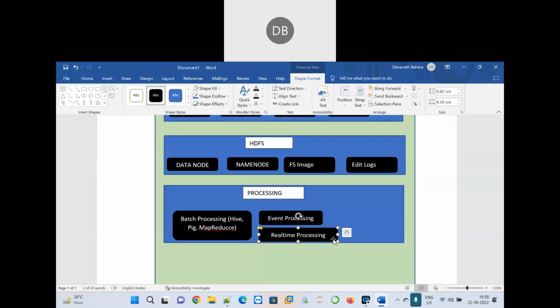The jobs that run for generating different monthly reports, quarterly reports are nothing but batch processing mode. Okay. Historical data means data that is required to generate some report for a particular period of time. Processing those data is nothing but batch processing. Okay.